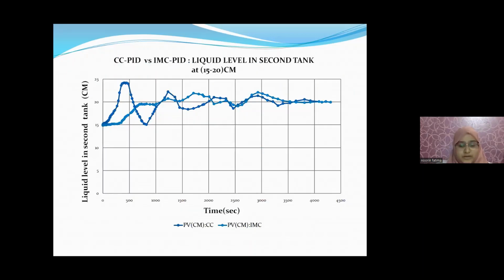Then again, we checked another set point change, from 15 to 20. Again, it was drawn between liquid level and time this time. In that we can see again that IMC-PID has a better response than CC-PID in terms of oscillation, and even in reaching steady state earlier.